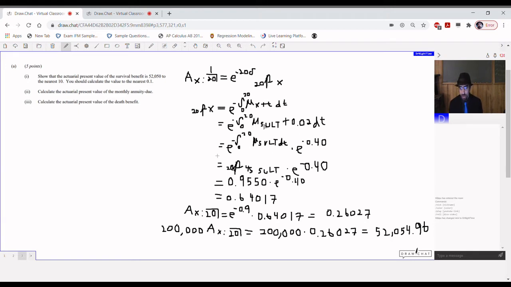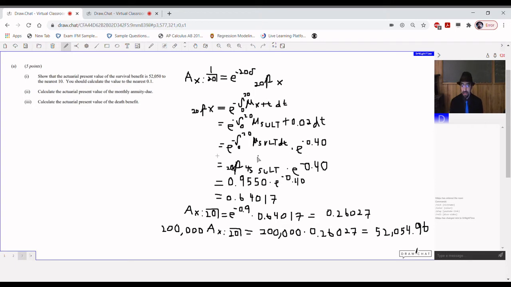The antiderivative of the standard ultimate life table mortality, we'll treat separately. It's going to be whatever it's going to be. And then we're adding an additional 0.4, since 0.02 integrated over a width of 20 is 0.4.